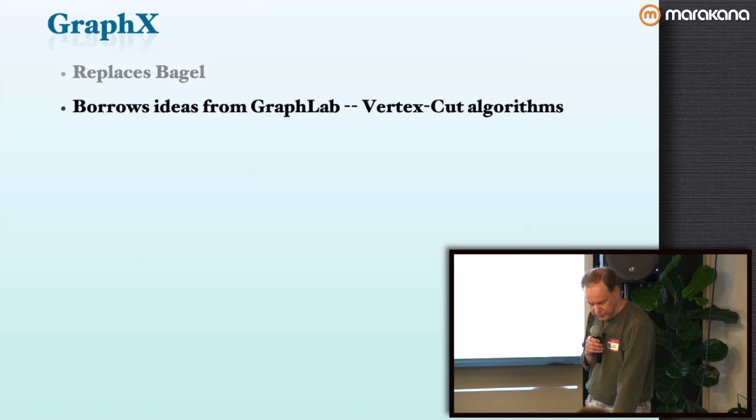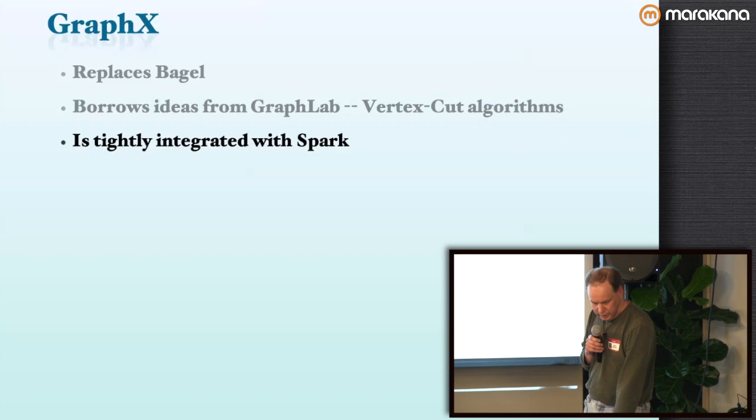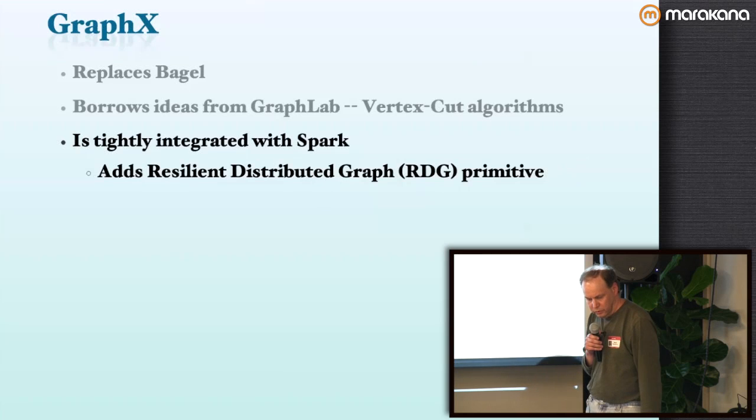But GraphX does borrow ideas from GraphLab, one of which is vertex cut algorithms, and some of these details you can find in that paper I referenced earlier. And it's tightly integrated with Spark. By adding a new data abstraction called a resilient distributed graph, again, those details are in the paper, and we're not going to get into them too much tonight.